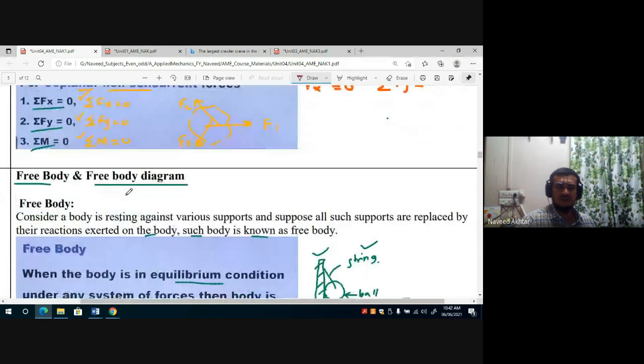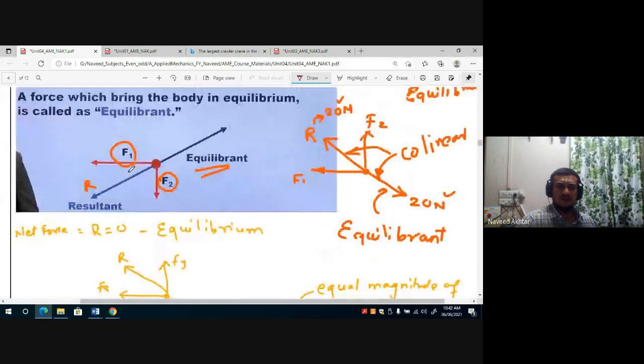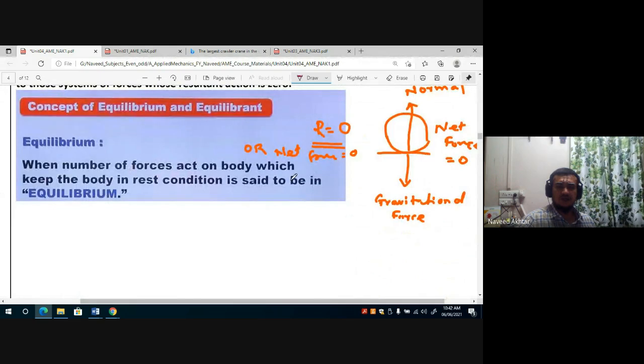Equilibrium of forces. Okay, इक्विलिब्रियम किसको बोलते हैं? अगर आपका R जीरो है, the net force acting on any body is zero, then that is called equilibrium.